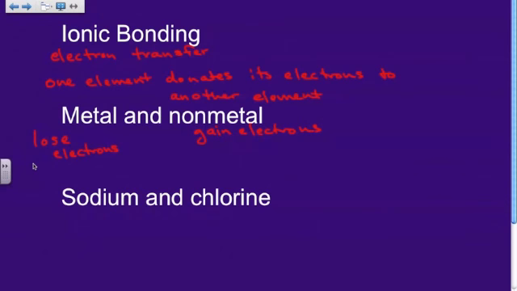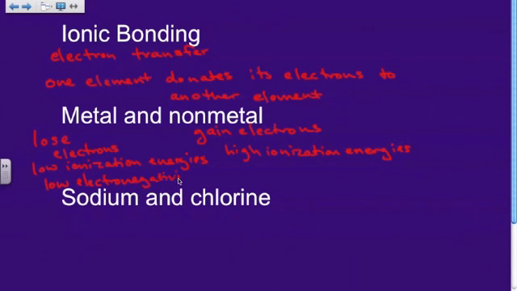Metals have low ionization energies, so they easily have their electrons taken by another element, while nonmetals have high ionization energies. Metals have low electronegativities, and nonmetals have high electronegativities.